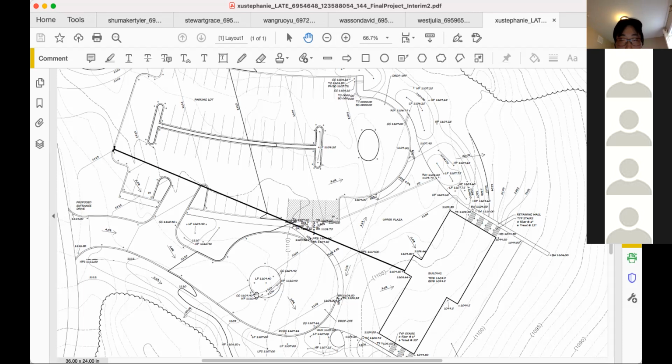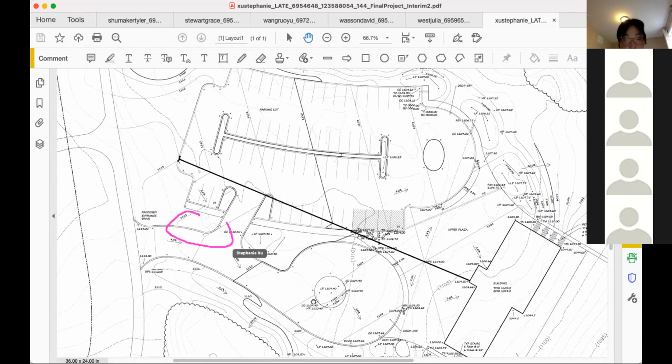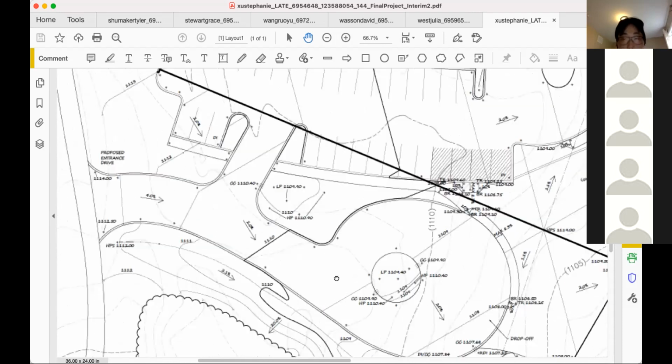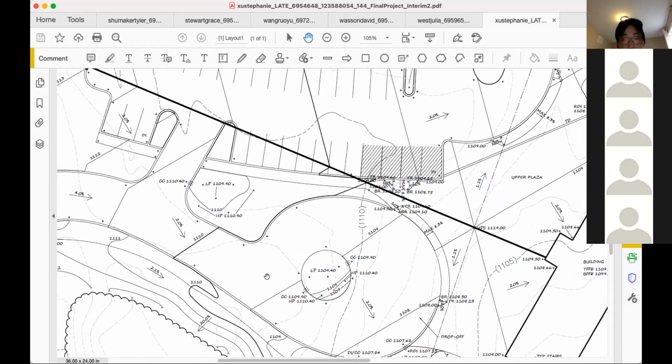So for instance, you mean this one, that one, and this next one? That one. Okay. This one, in the circle, yes, you would need an RDI. But overall, I would say because it's relatively on the ridge, you're not getting a lot of water here. It doesn't seem like you have any trench drains in this area.